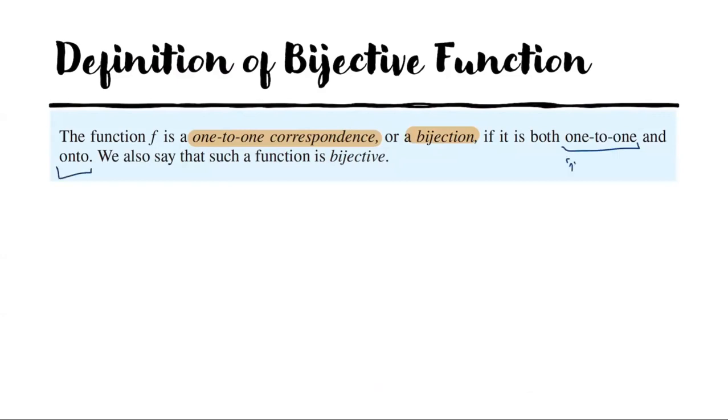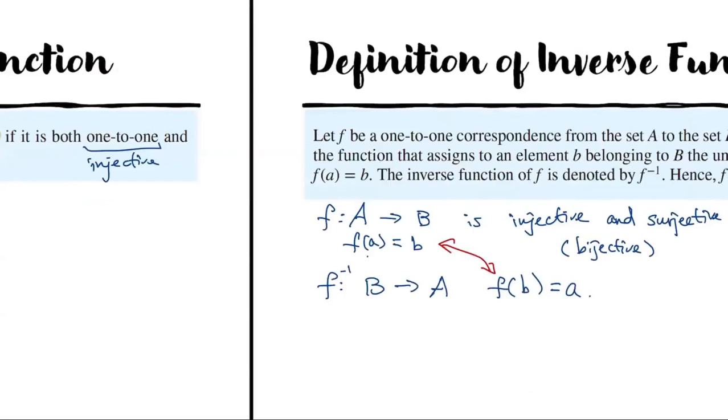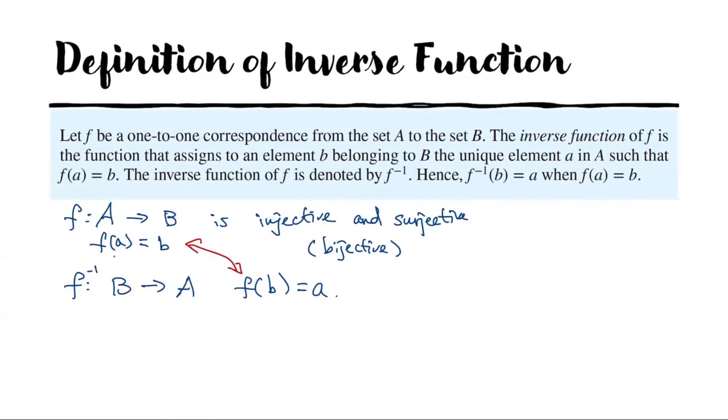One-to-one means injective and onto means surjective. So if your function is both injective and surjective, then your function is bijective, which you might also see as one-to-one correspondence. If your function is a one-to-one correspondence from set A to set B, that means your function is bijective.